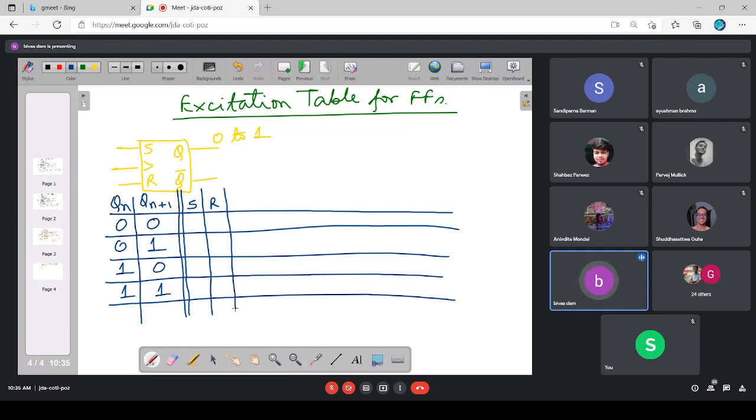The next state requirement is also 0. So what should be my S value and what should be my R value? 0 0 or 0 1.